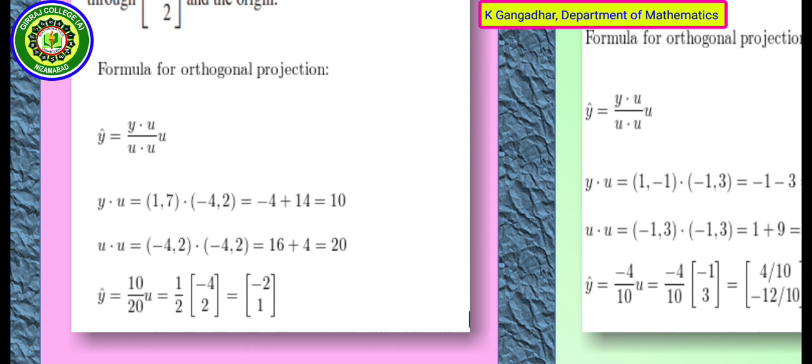So y cap, the orthogonal projection of y on u, equals 10 by 20 into u, which is the vector (-2, 1). The same way for the next problem.